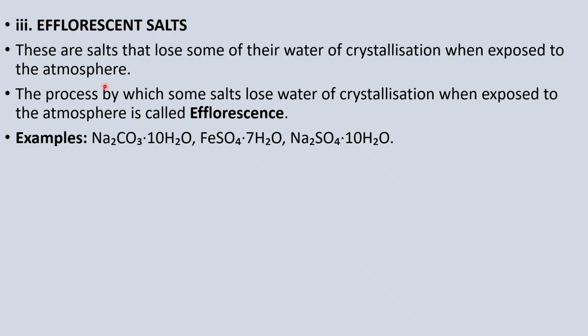Examples of efflorescent salts are hydrated sodium carbonate, hydrated iron sulfate, hydrated sodium sulfate, and so on. They contain some water of crystallization, so when you expose them to the atmosphere, they lose some of it.